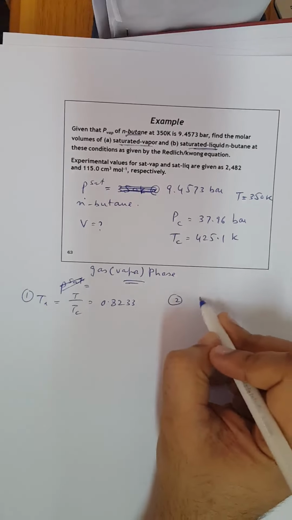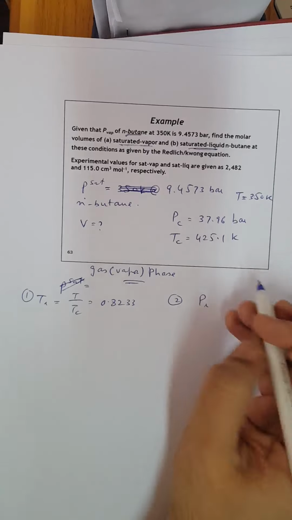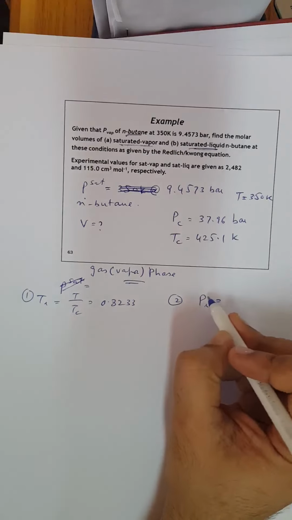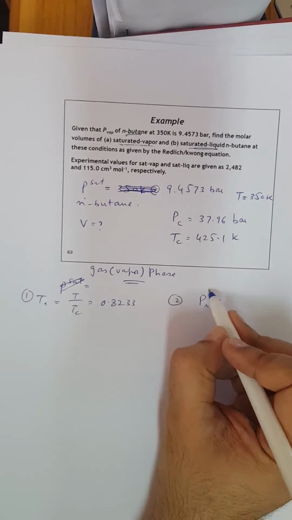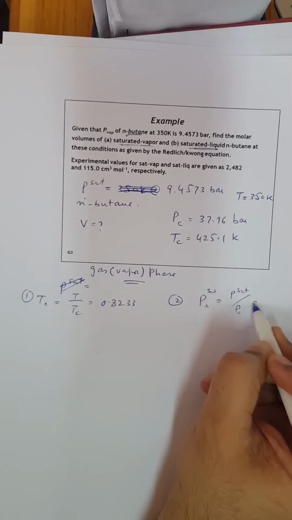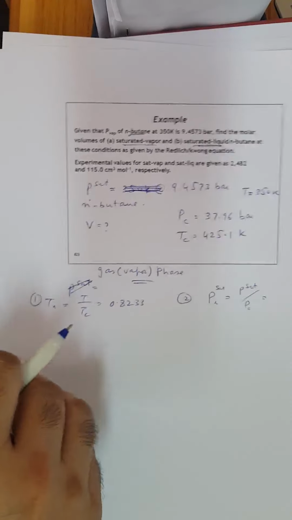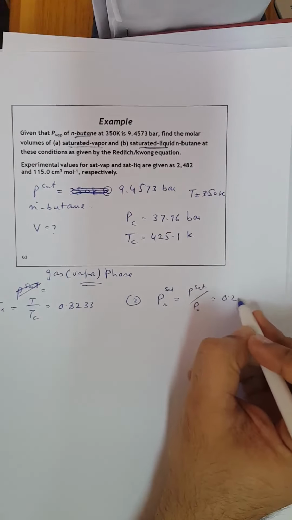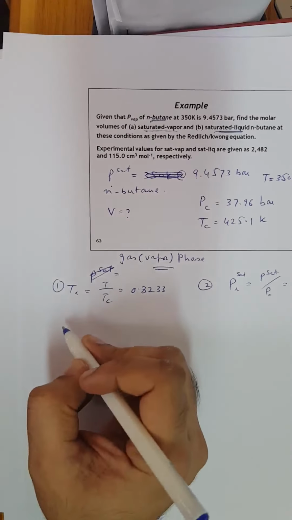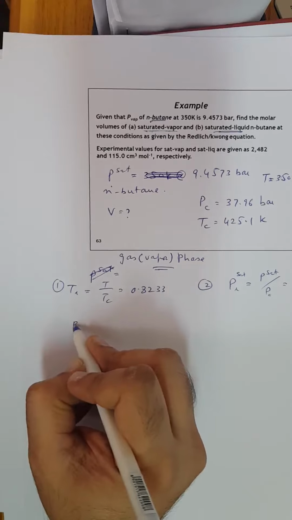The second step is PR. In this case it will be PR sat because we are using saturation pressure. So P sat over PC comes out to be 0.249. It's dimensionless.